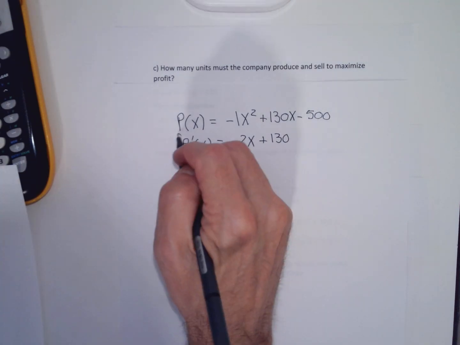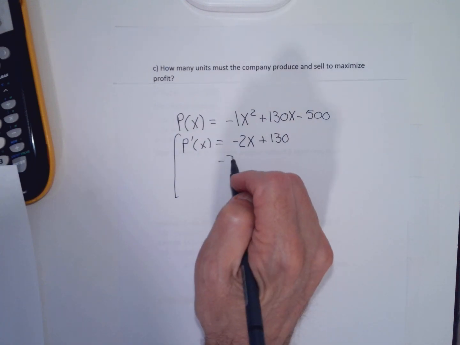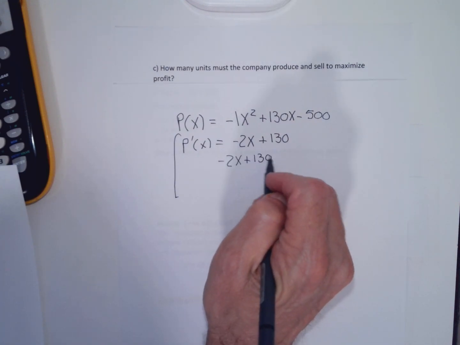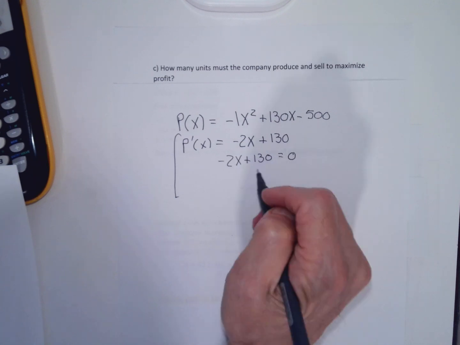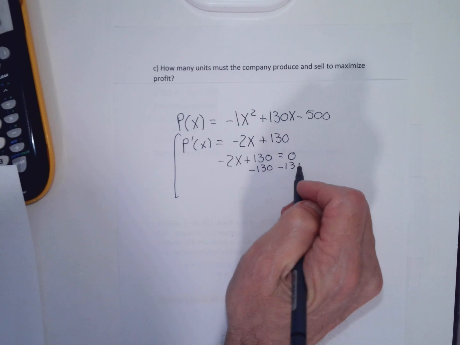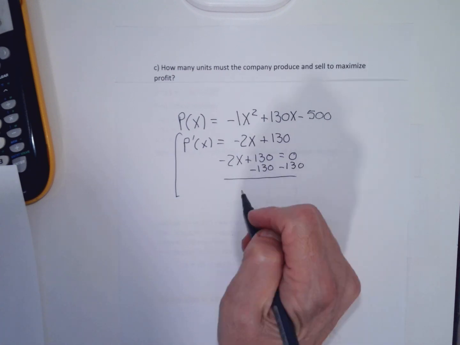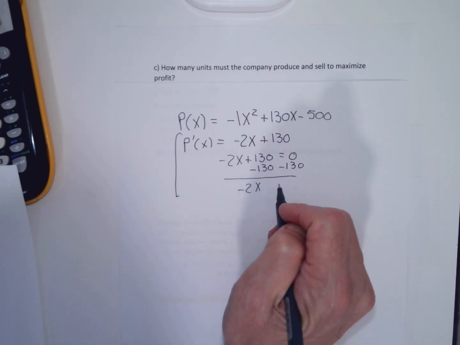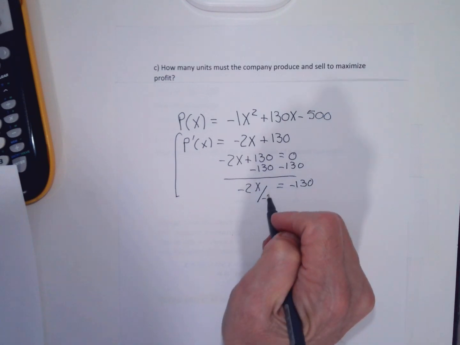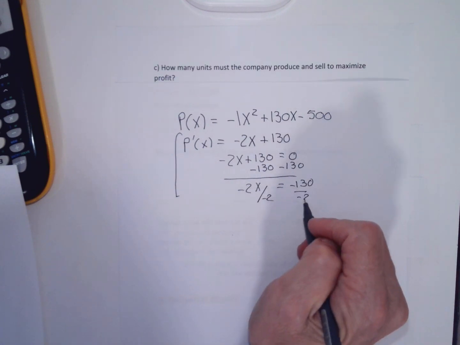Doing all the first derivative tests, so now that I have the first derivative, I'm going to set it equal to 0 to get a critical number. When I do that, I get negative 2x equals negative 130. Divide by negative 2, divide by negative 2.